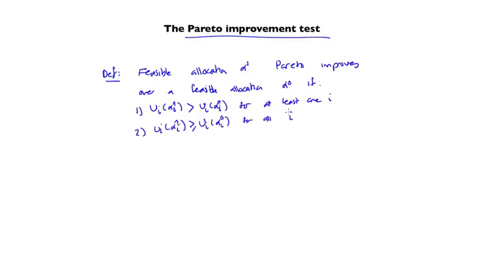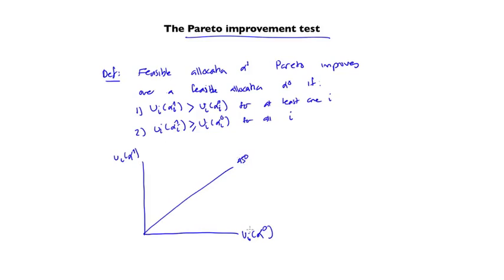Let's think a little bit about what this means. It means that if you start at an allocation alpha 0, you can Pareto improve it using alpha 1 if you can make at least one person strictly better off, maybe more, without hurting anyone. If you want to see this graphically, imagine a plot in which you plot the utilities of everybody at the first allocation, and here the utilities of everybody at the new allocation, and here you have the 45-degree line.